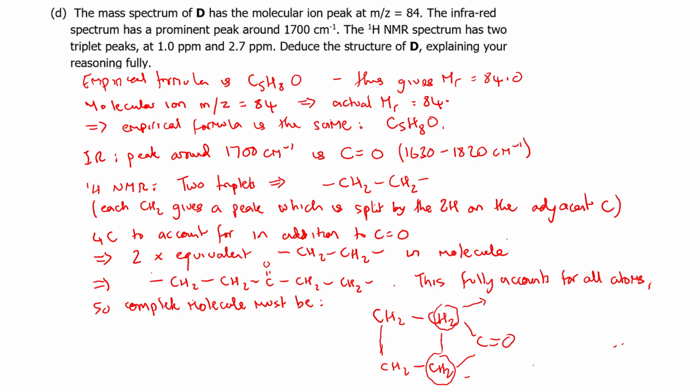They are next to a carbonyl group, so those have an HCCO shift, which is about 2 to 3 ppm. So that accounts for the peak at 2.7.